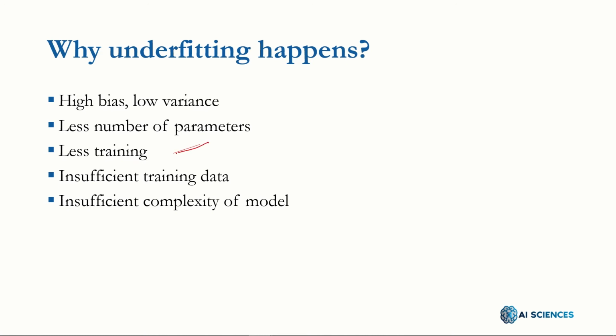When the training is not completed: a model needs some specific time or number of iterations to train itself over our training data. But if we do not provide it enough training time, the training will be less and the model won't be able to capture the whole ground truth of the data, and the model will be underfitted.